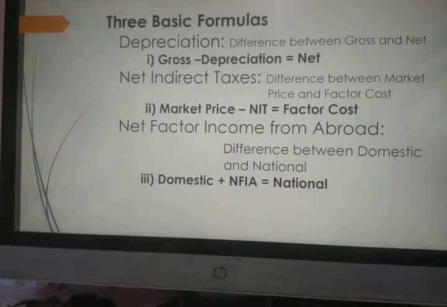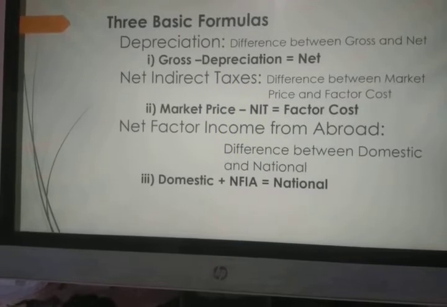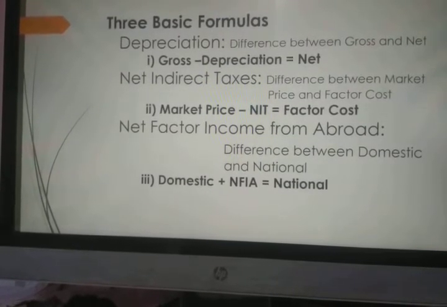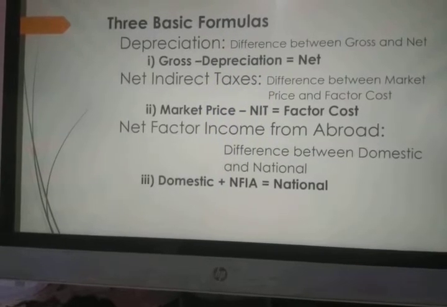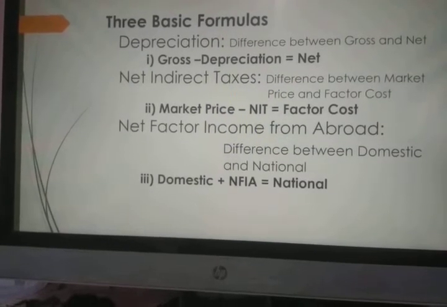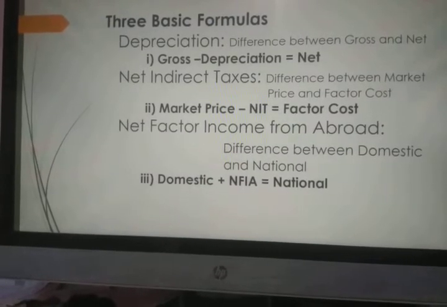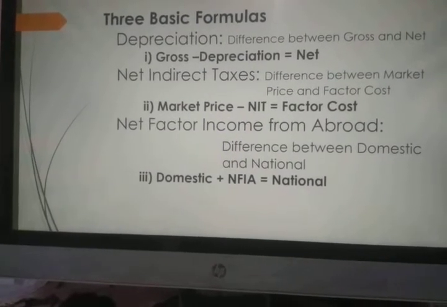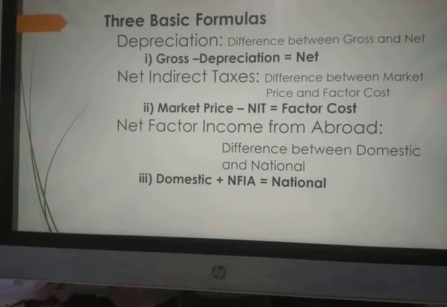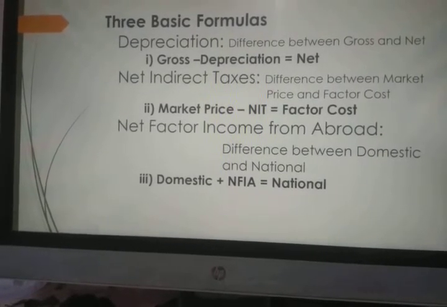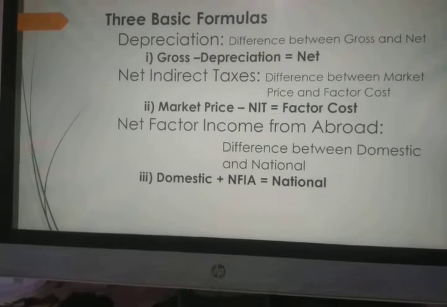Hence, the indirect taxes are deducted and subsidies are added to arrive at factor cost. So if we want to calculate NIT, it is IT minus subsidies. So when we put in the formula, the subsidy becomes plus and the IT becomes minus. So thus we get NIT as minus.